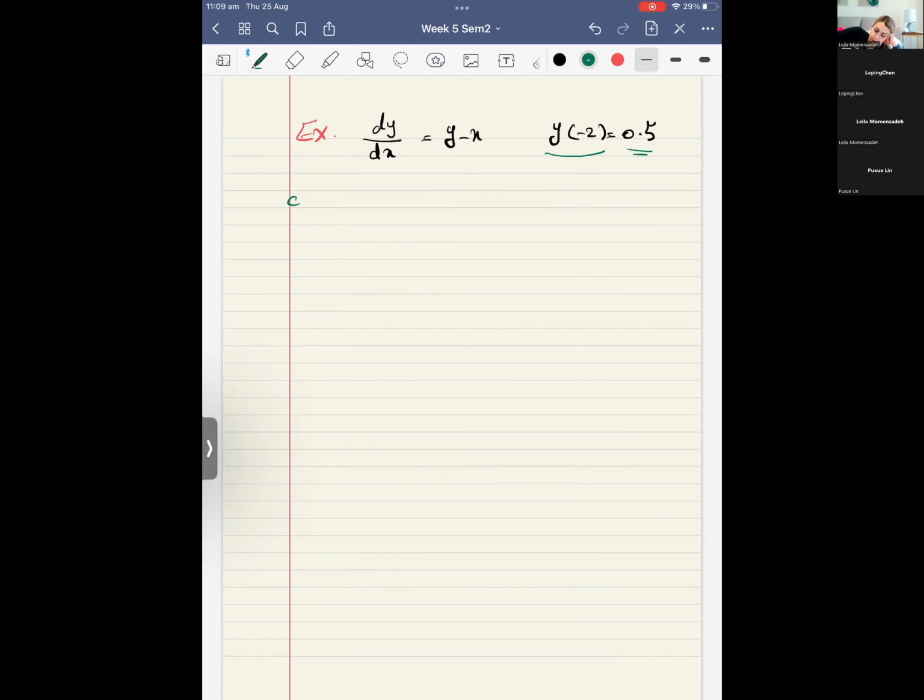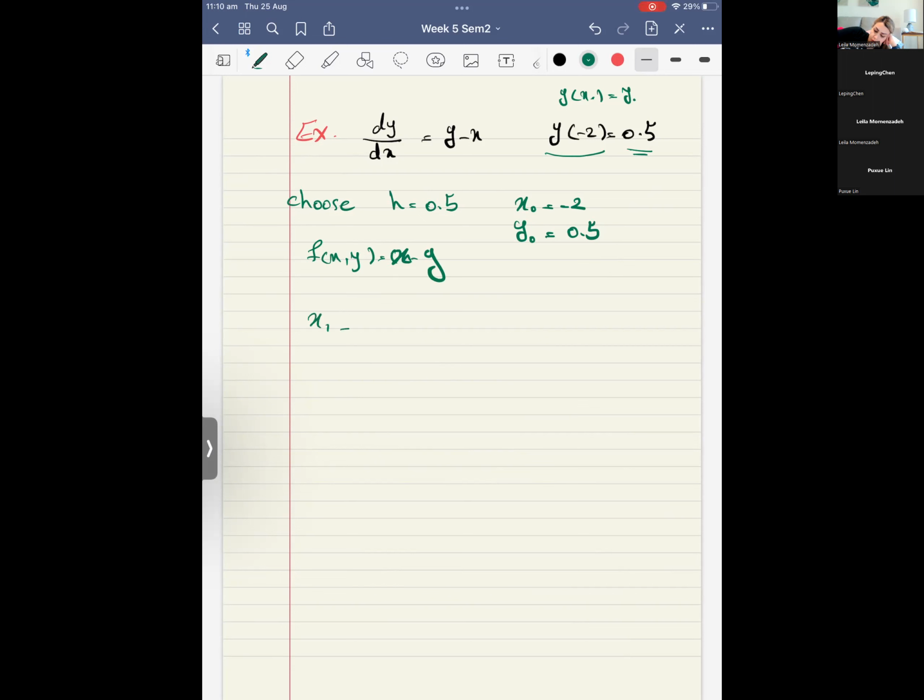We choose h equal to 0.5. For step 1, x0 is minus 2, and y0 is 0.5, and we have the equation f of x, y equals x minus y.